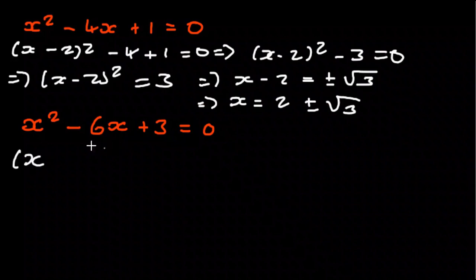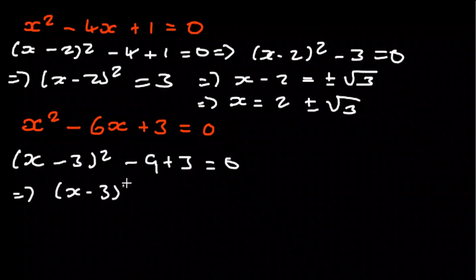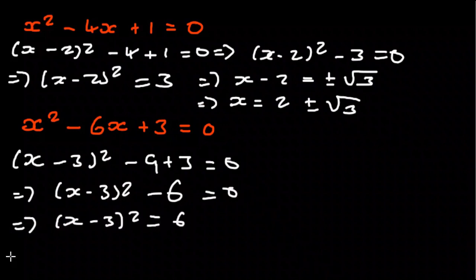We half this minus 6, we get minus 3 squared. Minus 3 squared is minus 9 plus 3 equals 0, and that implies (x minus 3) squared minus 6 is equal to 0, implies (x minus 3) squared is equal to 6, implies x minus 3 equals plus or minus the square root of 6.